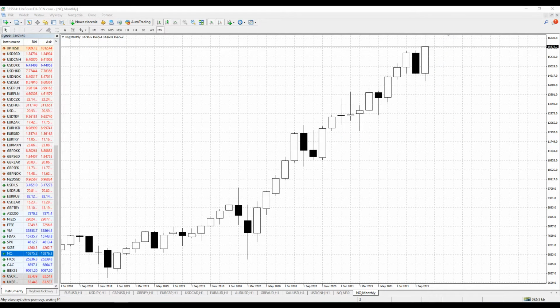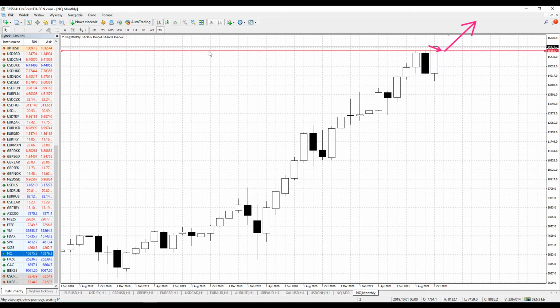So let's place a few lines on the monthly chart, because it's going to be very, very interesting. We broke through the monthly resistance, meaning right now shallow pullback, rally, right? In case of a deeper pullback, the next support demand is 14,800, right?